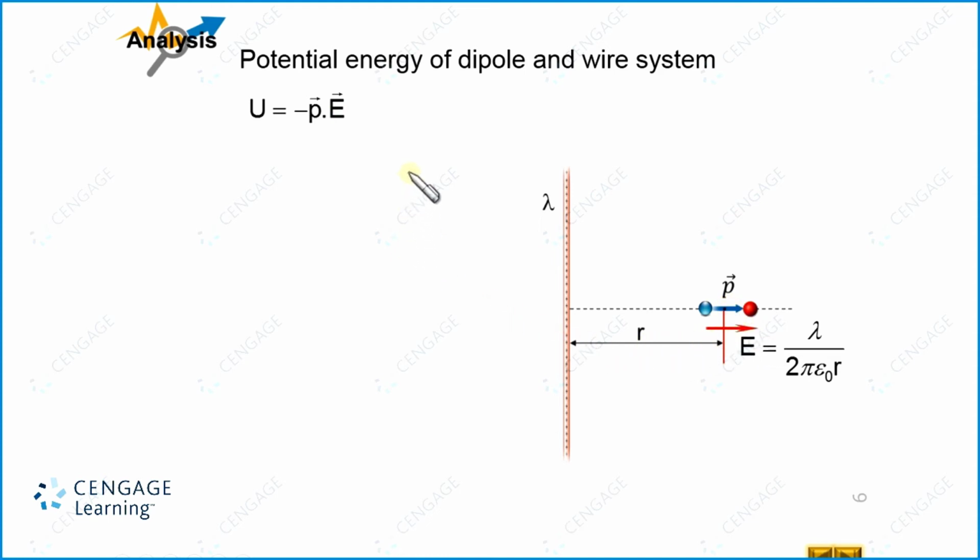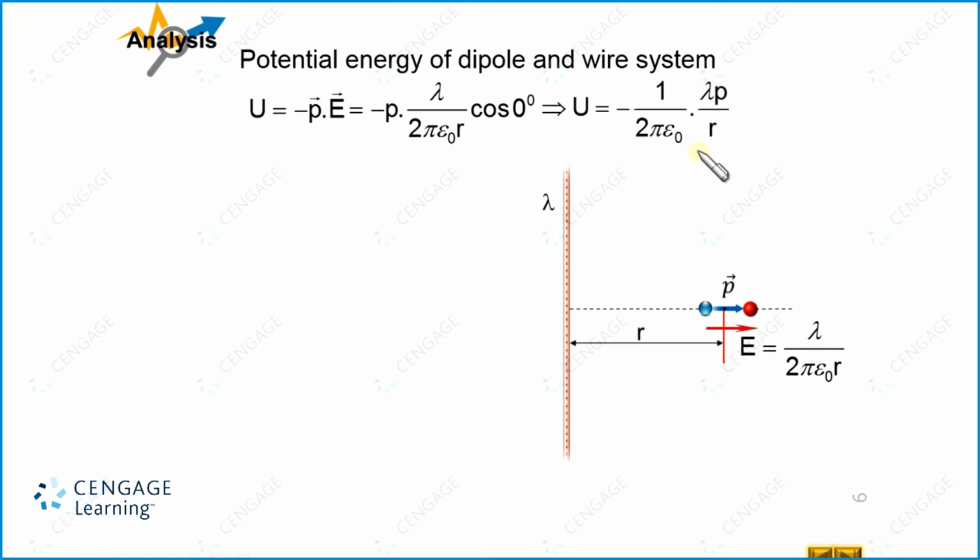So here we can write P multiplied by lambda divided by 2 pi epsilon naught r multiplied by cos 0. Cos 0 equal to 1. So the potential energy will be equal to lambda P divided by 2 pi epsilon naught r. This is the potential energy with negative sign.